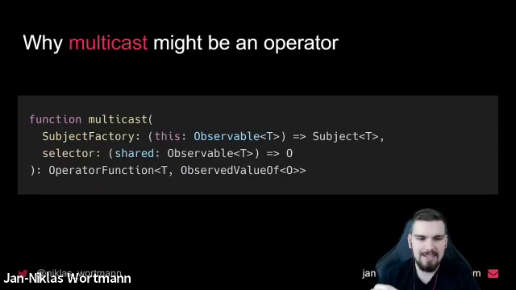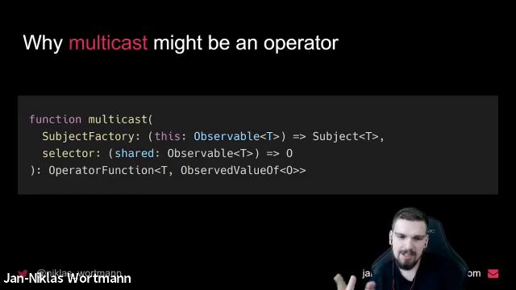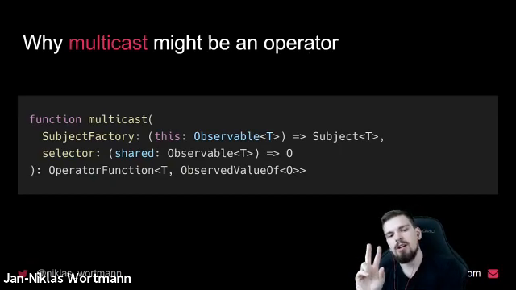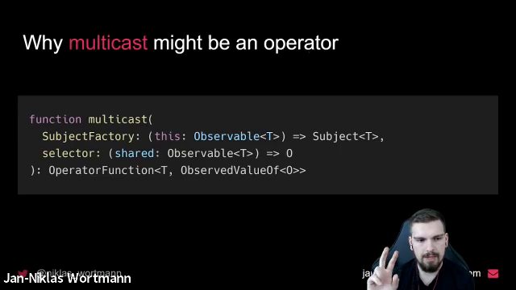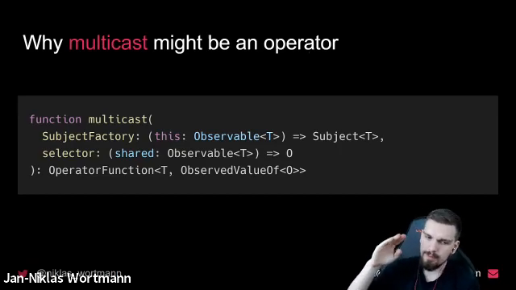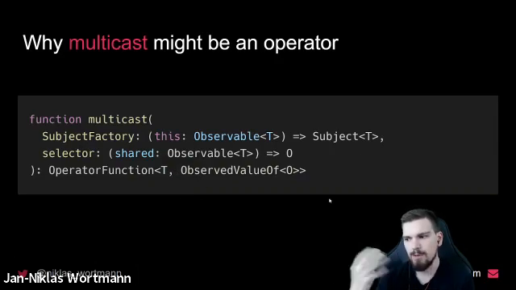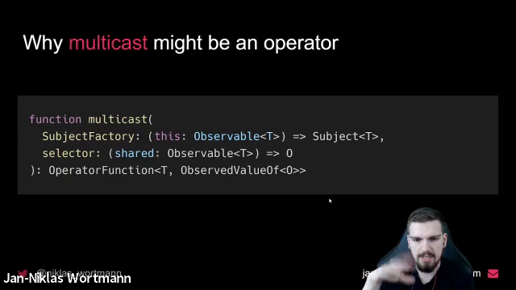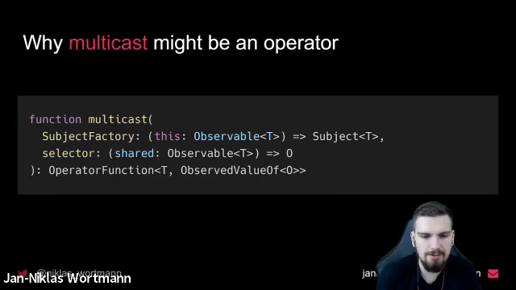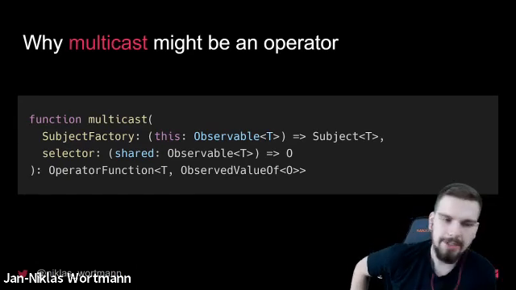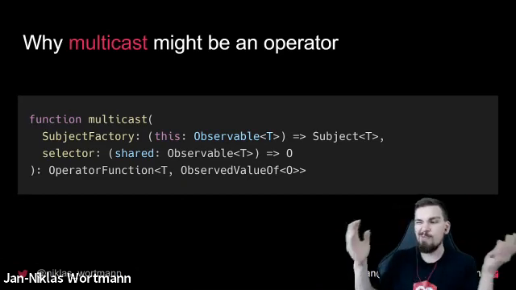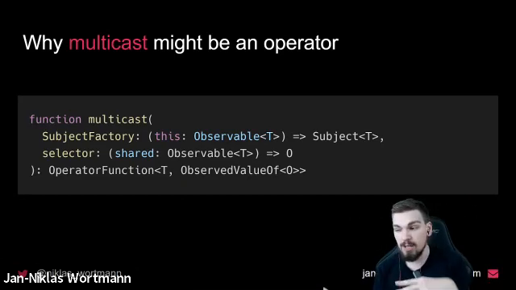And it's actually a little bit tricky, because there's also another overloaded method signature where you can specify this selector, and then it's returning an observed value, which is an observable. I didn't have space for the typings, but an observed value of is an observable pretty much. So therefore, multicast might be an operator, might be not.